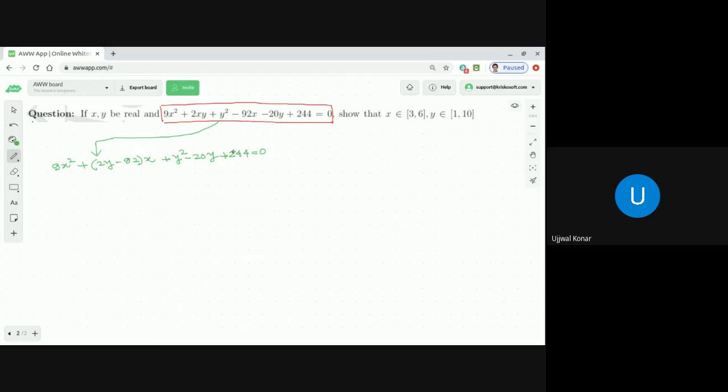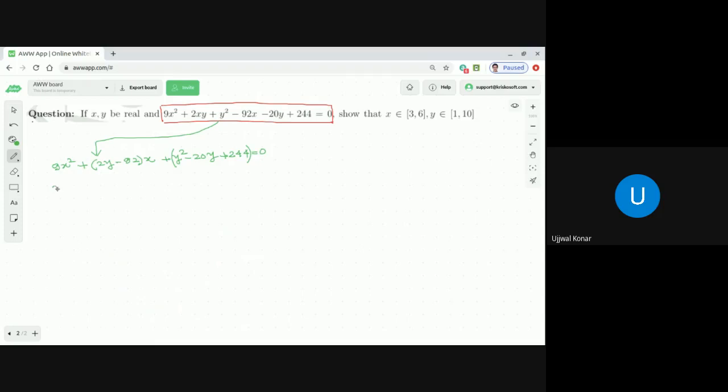Correct or not? Now, since x is real, definitely the discriminant of this quadratic equation in x must be greater than equal to 0. So what is that?